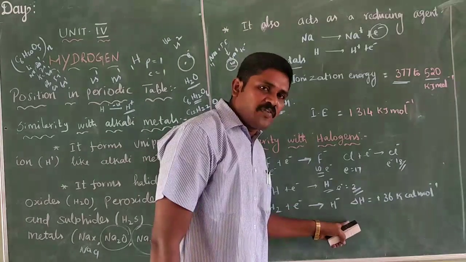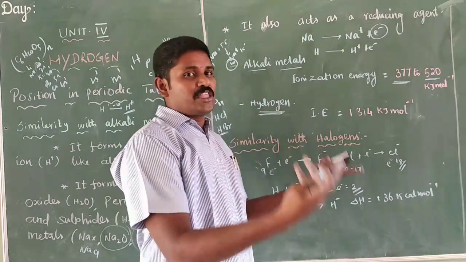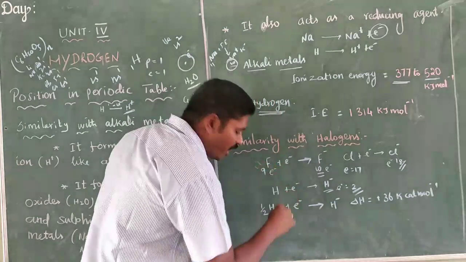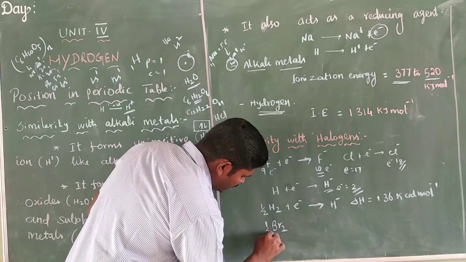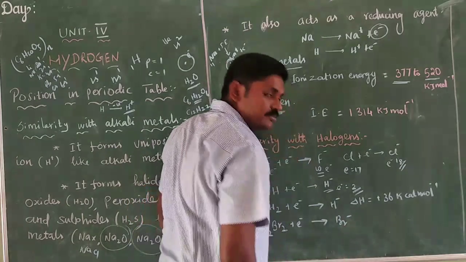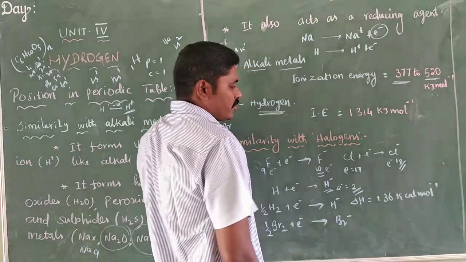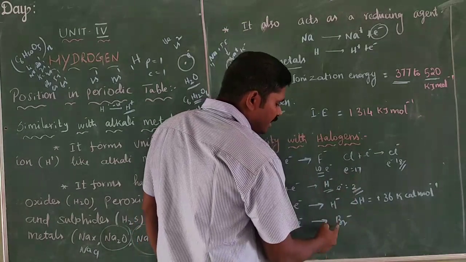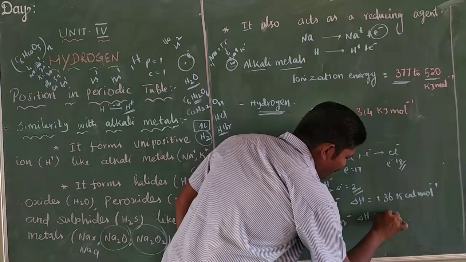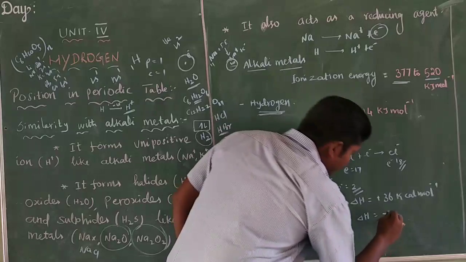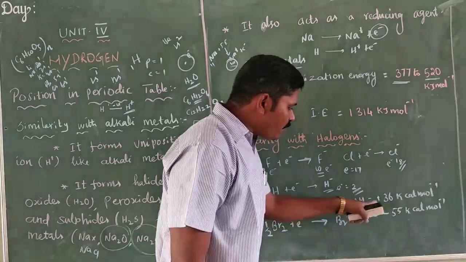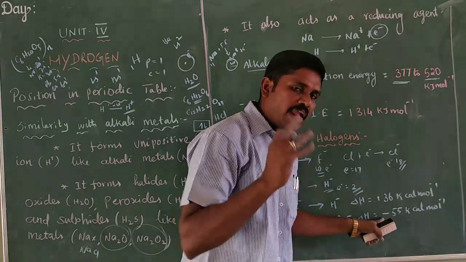The first electron affinity is usually exothermic, but in hydrogen it is endothermic. In halogens, gain of one electron easily gives the bromide ion, Br minus, with the krypton electronic configuration. The delta H value is minus 55 kilocalorie per mole, an exothermic process. The symbol positive or negative indicates only endothermic or exothermic.